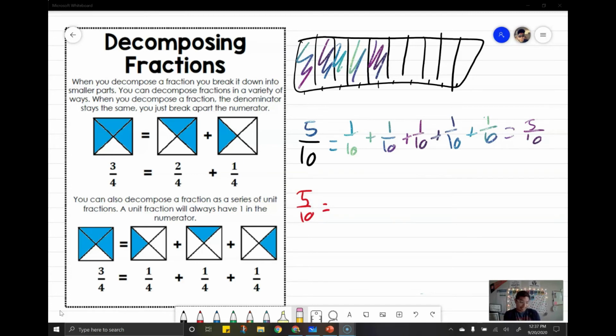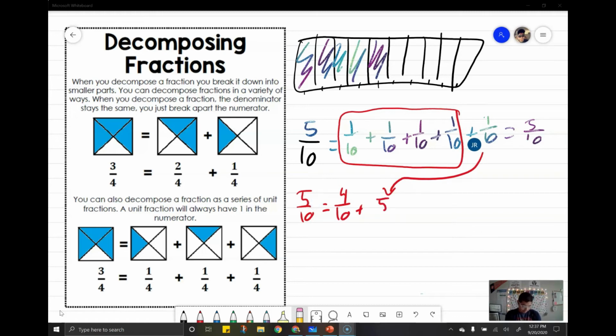So what I did is I combined all of these together, and I got 4/10 plus this last one, 1/10. And that's going to equal 5/10 because 4 plus 1 is 5. Did you get the same thing? Good, look at you. Is there another way we can write this?